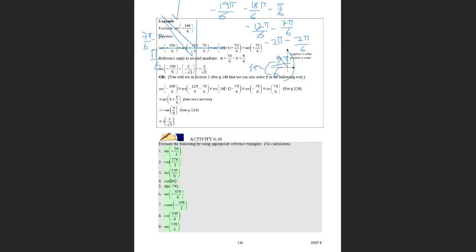Now, sec of pi over 6 is the same as 1 over cos of pi over 6. And cos 30 degrees is root 3 over 2. Remember that we are in the second quadrant, where cos is negative. So you are going to get 1 over negative root 3 over 2, which will be the same as negative 2 over root 3.